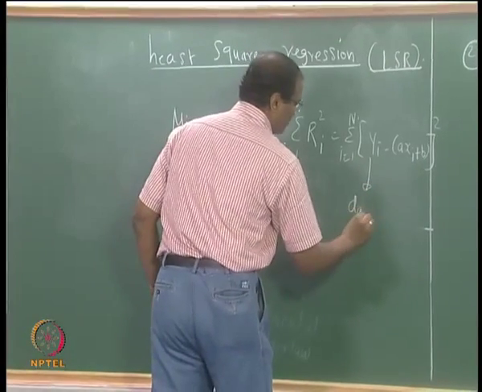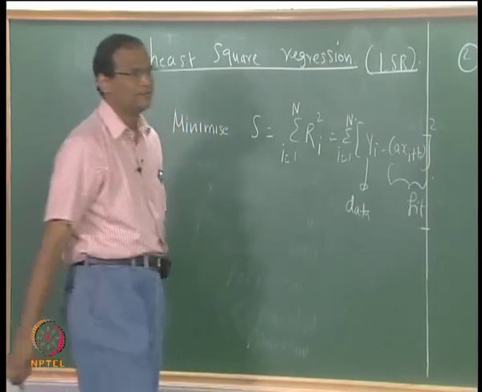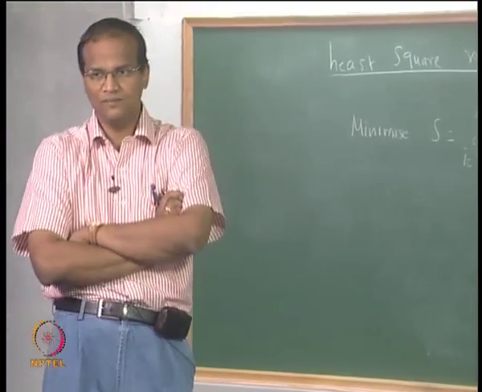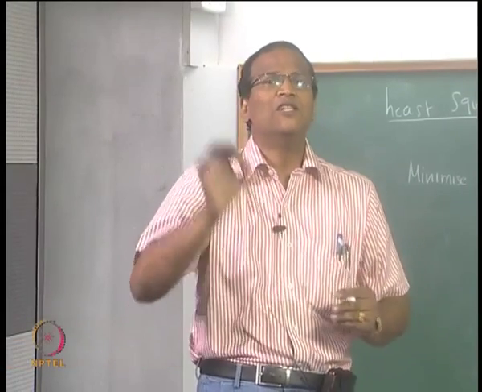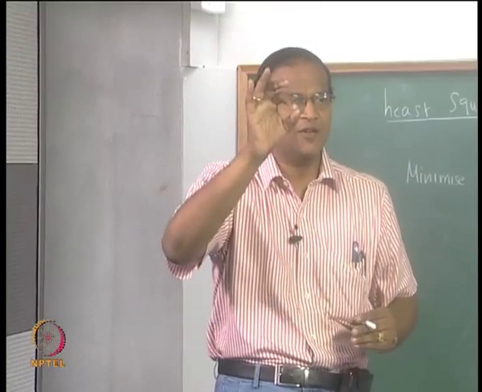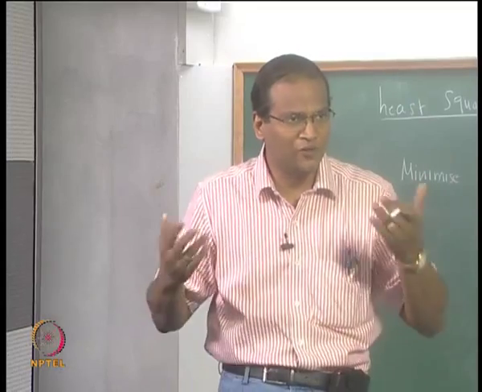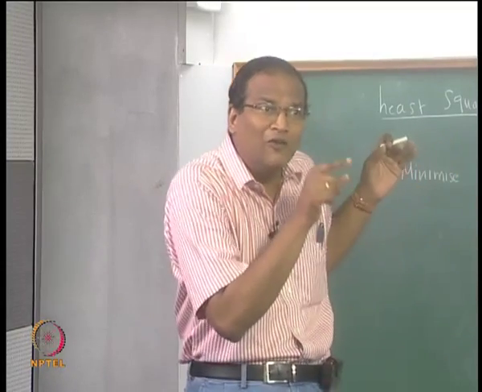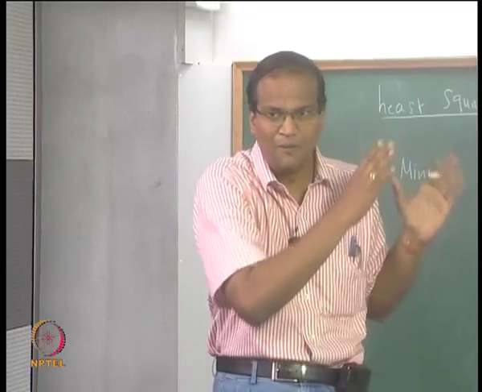This is data, this is the fit. What does it mean? If y is equal to ax plus b, if you have 2 points, you can get the values of a and b right away. If you have 200 points, you will have so many combinations of a and b. Now we are trying to fit one global value of a and b which best represents the data.